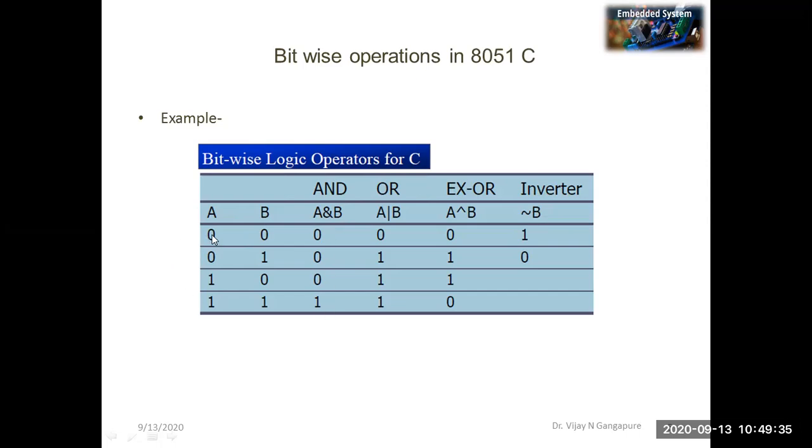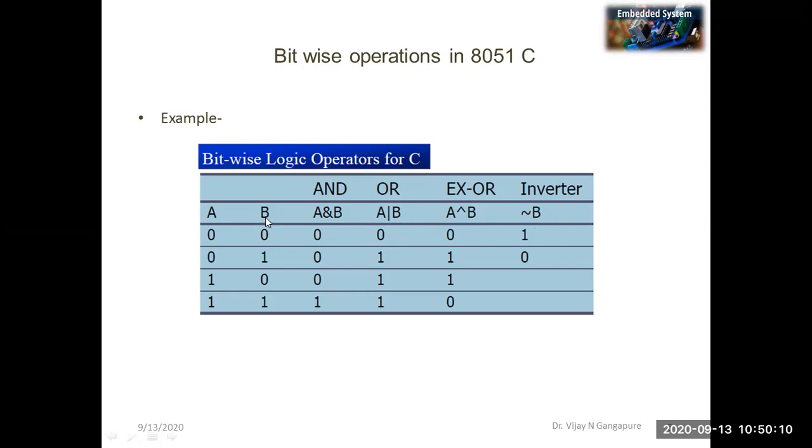Suppose bit A is 0 and bit B is 0. There will be a bitwise operation between these two bits. Both bits are 0, so A ampersand B will be 0. A bitwise OR with B produces 0 because both are 0. XOR also produces 0. For inversion, only B is used, because the inverter operator operates on a single operand.